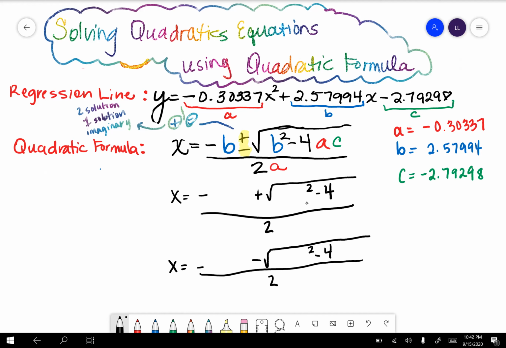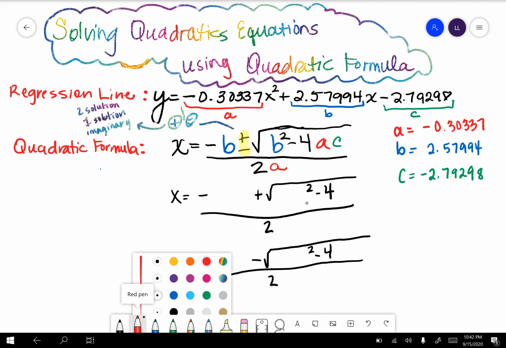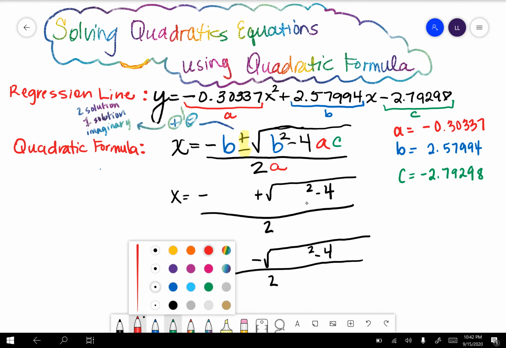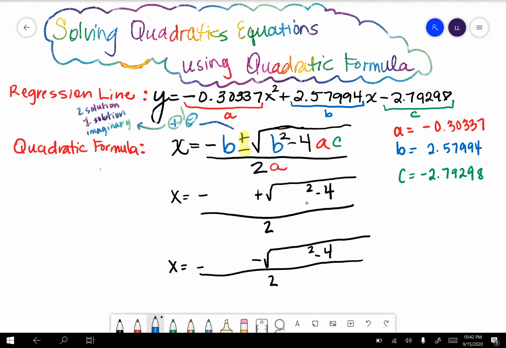All right, so now let's plug the numbers in. Let's start with B. B is 2.57994. And so everywhere B is supposed to be, I'm going to go ahead and plug it in. Now, here's the catch that I want to remind you guys of. My B is positive.